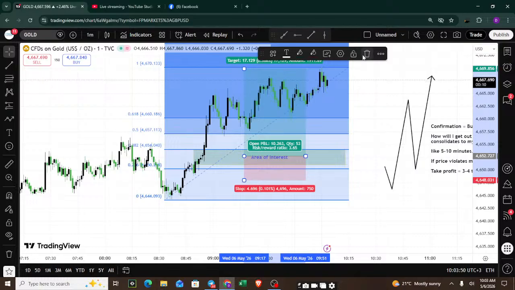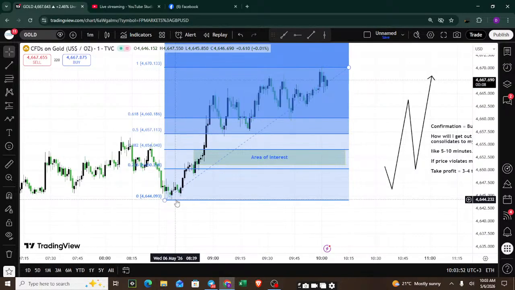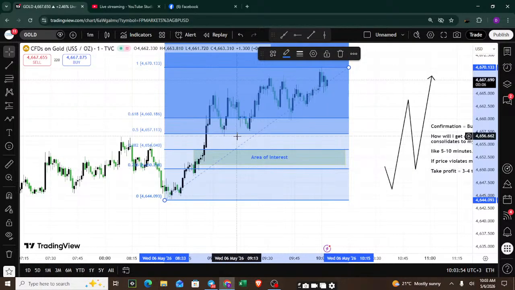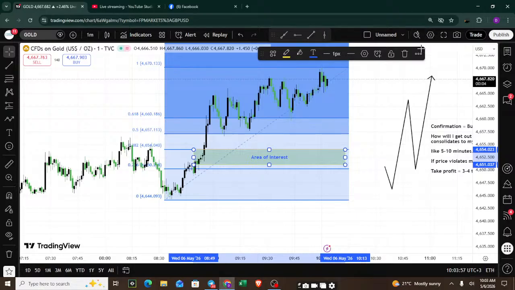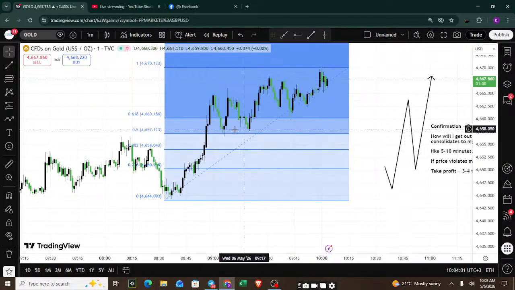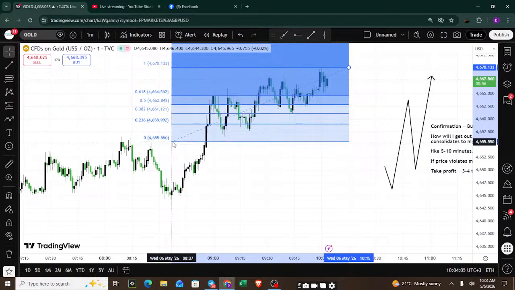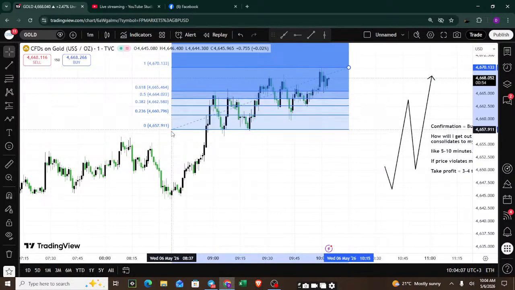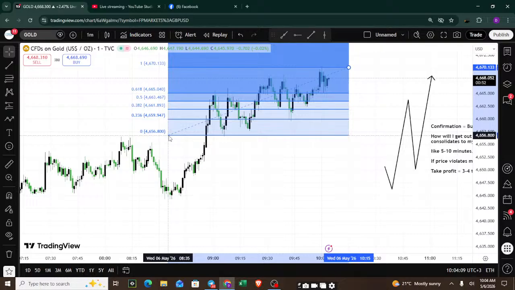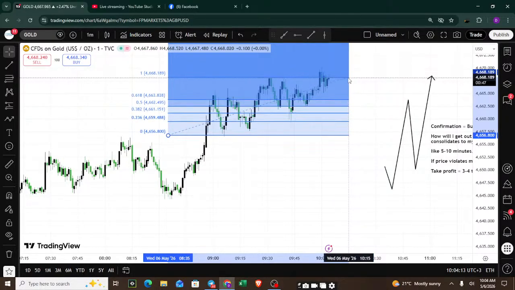Now there's something interesting I'm noting here, that maybe our area of interest was a bit too far. But as I said, I like to be very, very ruthless with these entries, because one simple mistake, even 0.01 lot size can end you.